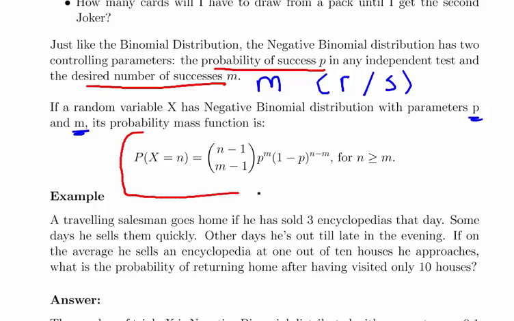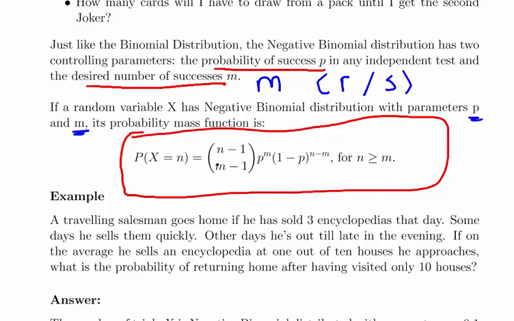The probability of X equal to N is N minus 1 choose M minus 1, times P to the M times 1 minus P to the N minus M. Sorry, M is the number of successes.